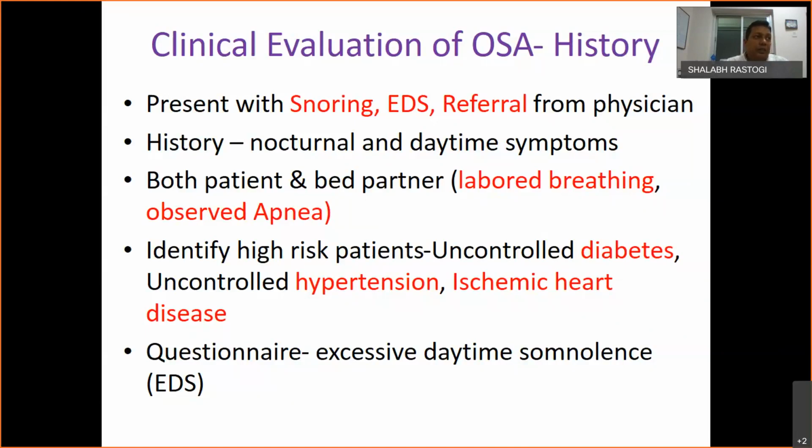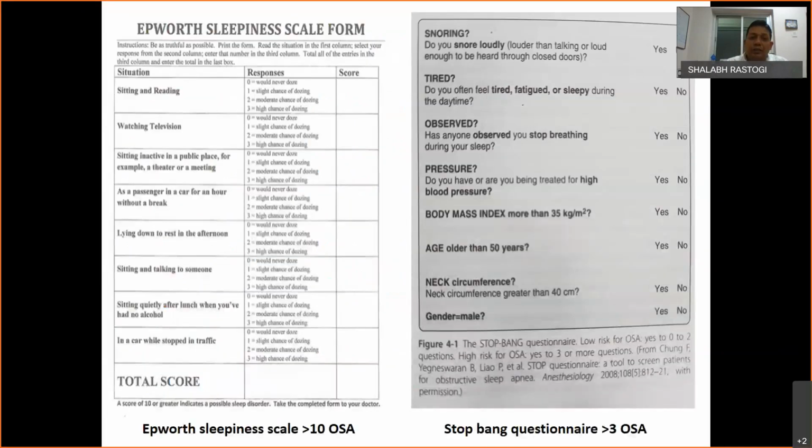For excessive daytime somnolence, there are various questionnaires available in the literature. Two of them are quite common: one is the Epworth Sleepiness Scale and the other is the STOP-Bang questionnaire.